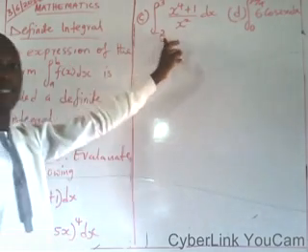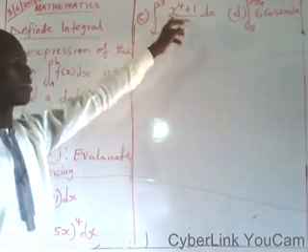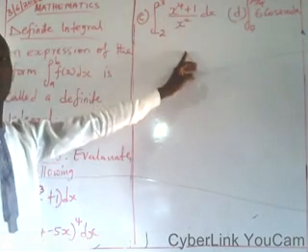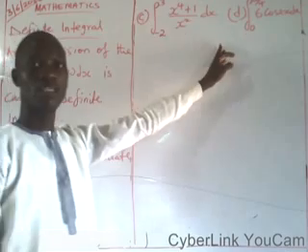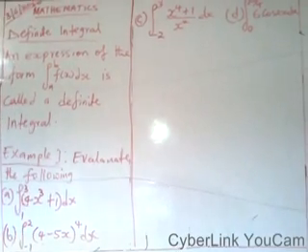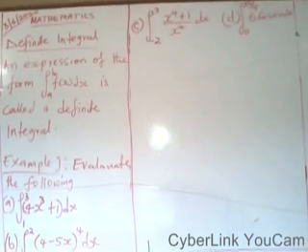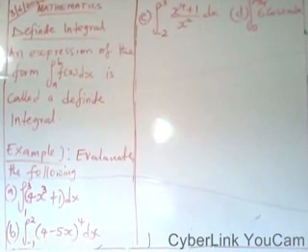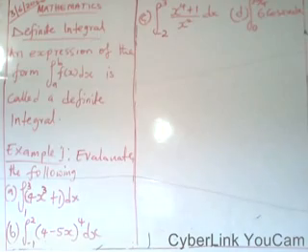Then the third one is integral from minus 2 to 3 of x raised to power 4 plus 1 all over x squared dx. Then the last one is integral from 0 to pi over 4 of 6 cos 2x dx. Solution.